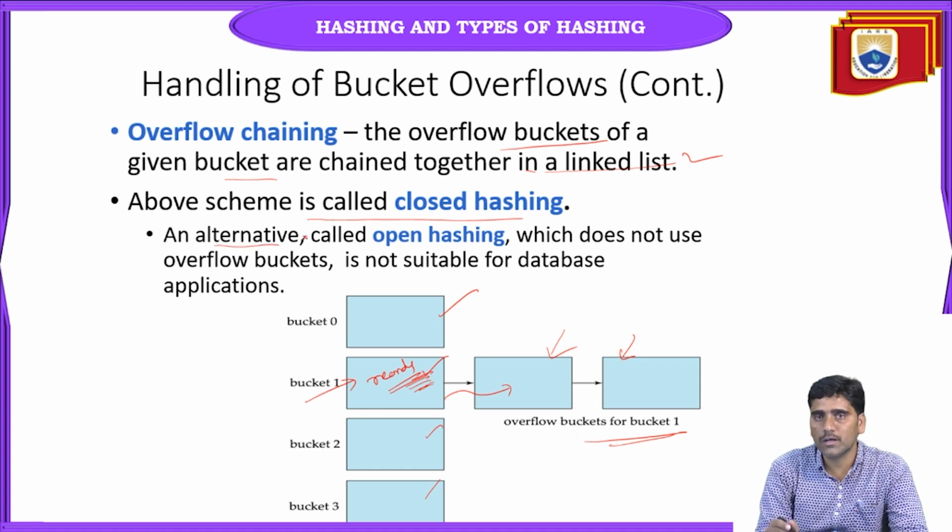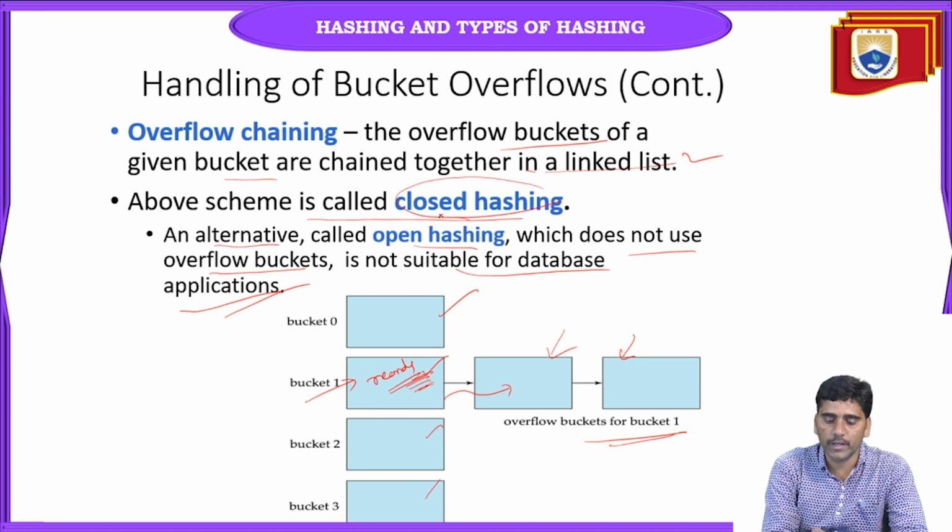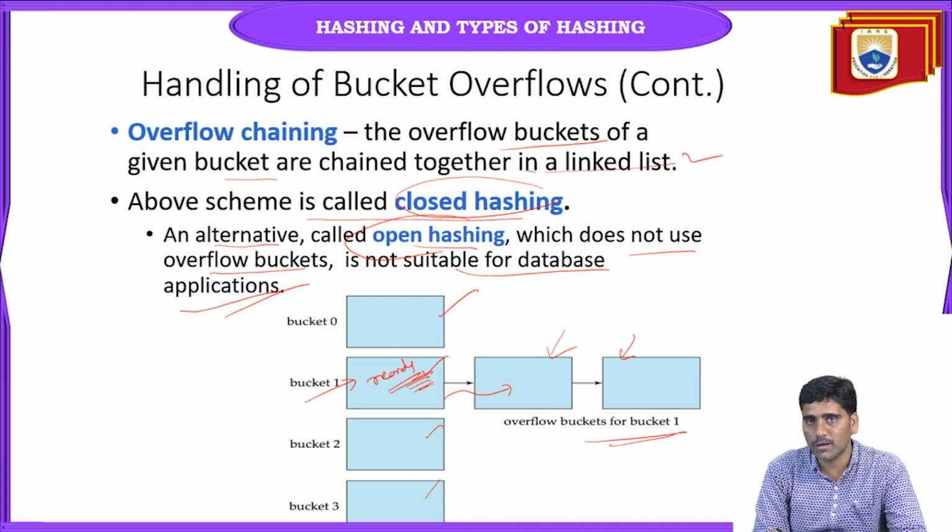An alternative, called open hashing, does not use overflow buckets and is not suitable for database applications. So what is meant by closed hashing? In closed hashing, the overflow buckets of a given bucket are chained together in a linked list. The alternative is open hashing, which does not use overflow buckets and is not suitable for database applications.